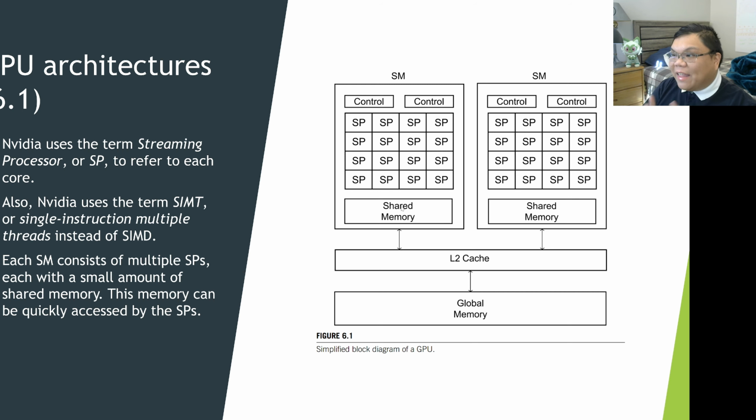Let me say that again. Multiple SPs make up one SM. Multiple SMs make up a GPU. Oh yeah, NVIDIA uses the term SIMT instead of SIMD. That means single instruction, multiple threads.